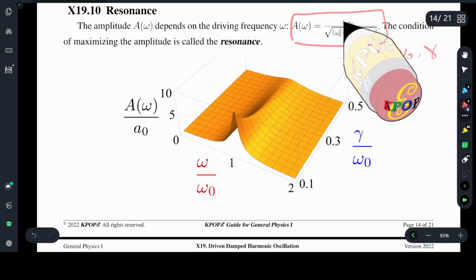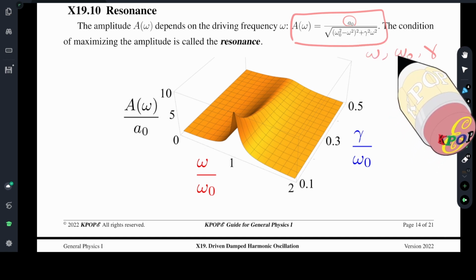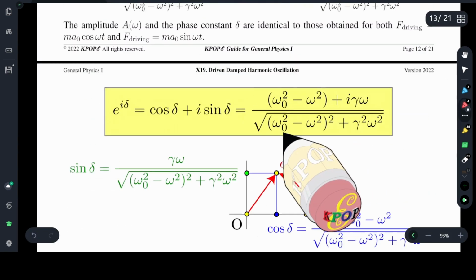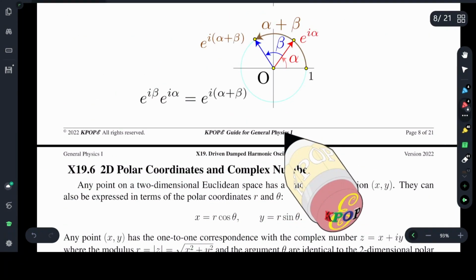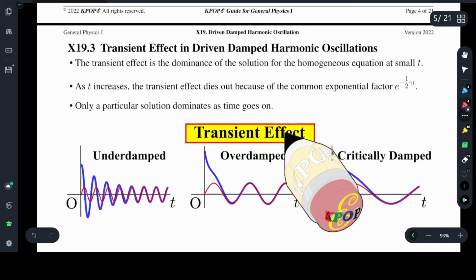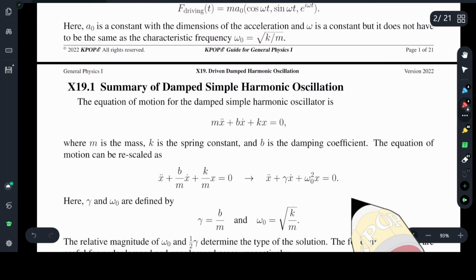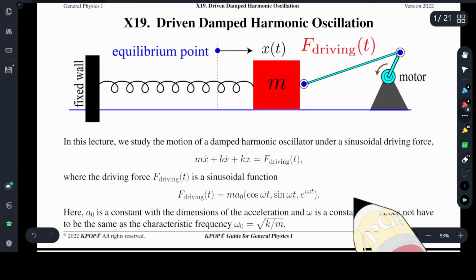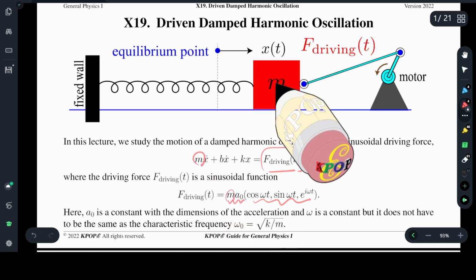And A0 is the amplitude of the driving force, in units of mass. The driving force is expressed in terms of m a and a sinusoidal function, and this m has been cancelled.